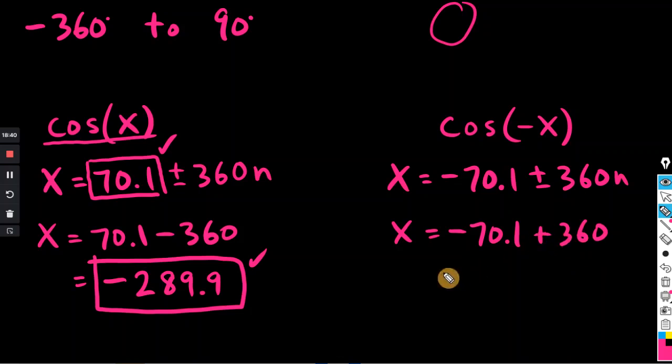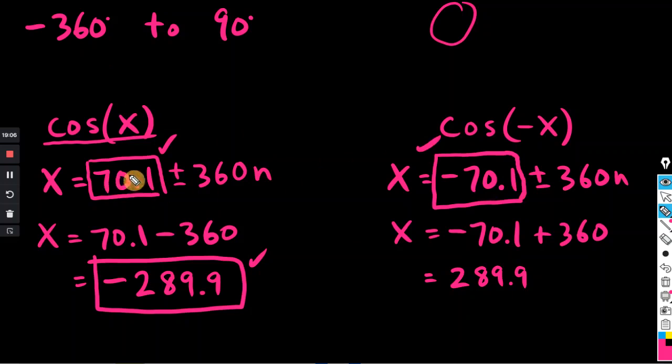All right. And I get 289.9. And that is greater than 90. So that one is out of the range. All right. So the original from the negative x is the only one we can keep. Like I said, if you subtract 360 from this, it's going to be less than that. So we have 70, negative 289, and negative 70.